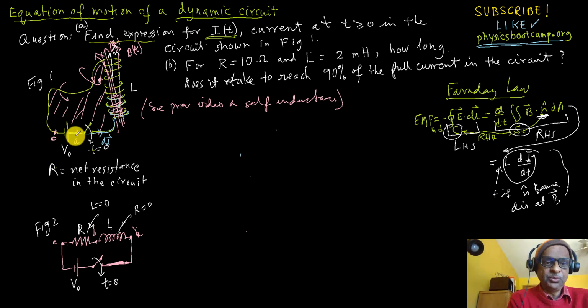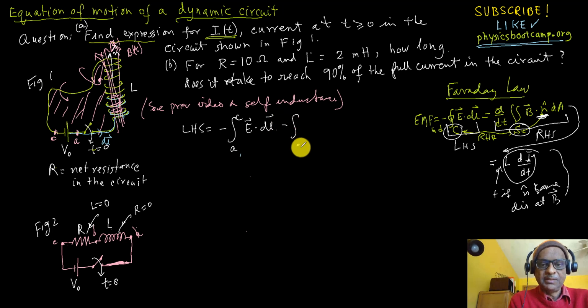So let's go around, and the only thing I encounter on the left hand side is equal to minus the integral from A to C of E dot dl, minus the integral from C to A of E dot dl.